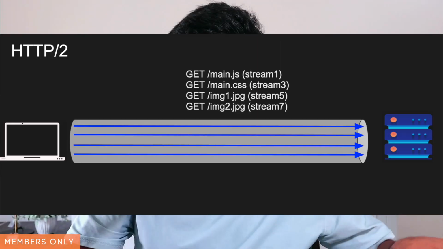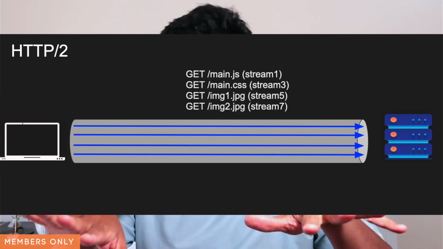The idea of frames was invented also in HTTP/2, right? So there's this concept of frames, and the frames have an associated stream ID with them. So this way I can technically send any number of requests at the same time, concurrently, in the same connection, and because each is uniquely identified, each has its own lane, so to speak.